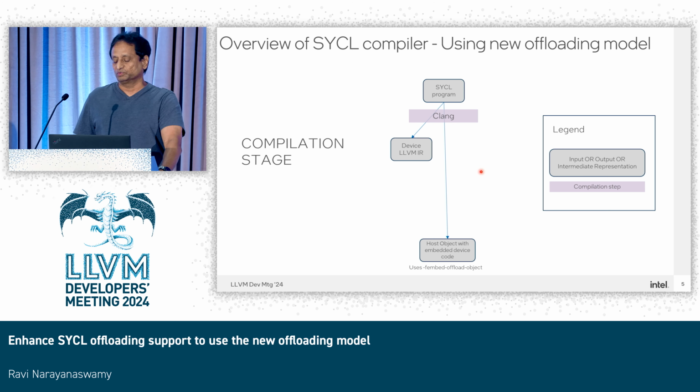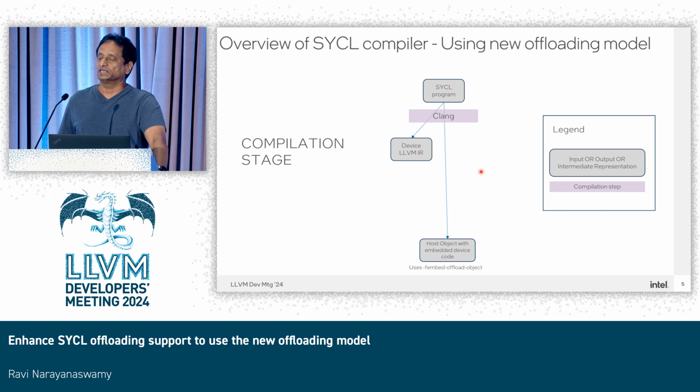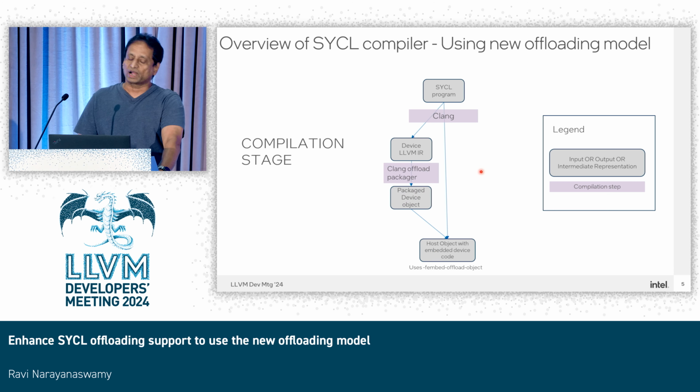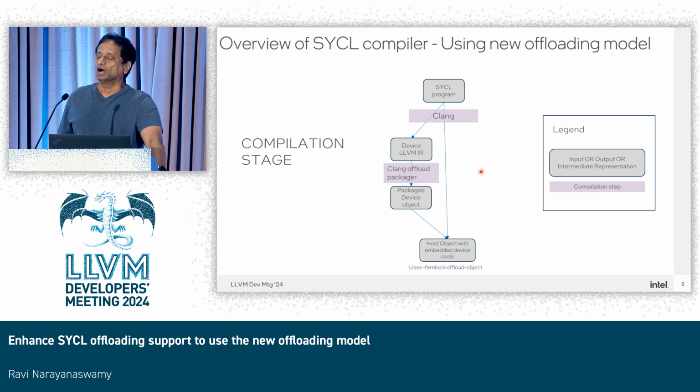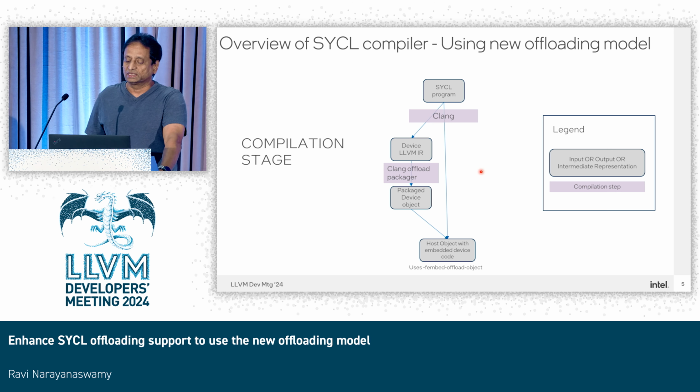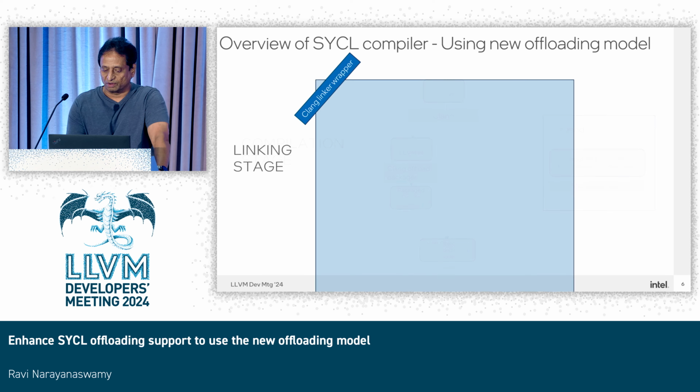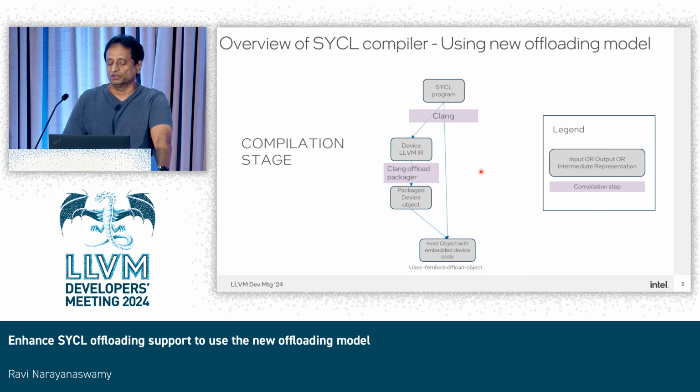In the second pass, where we are targeting the device, we generate the device IR. The device IR is then packaged using the clang-offload-packager, packed as an object file, and it can be packaged into the host object file using -fembed-offload-object.